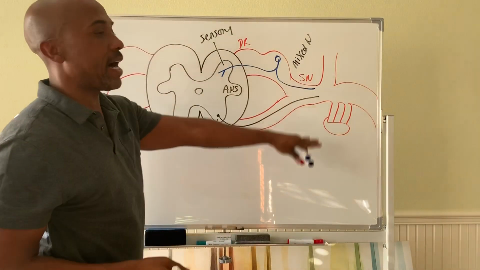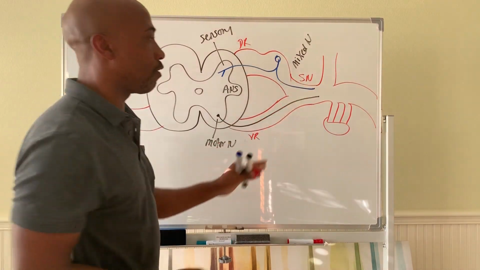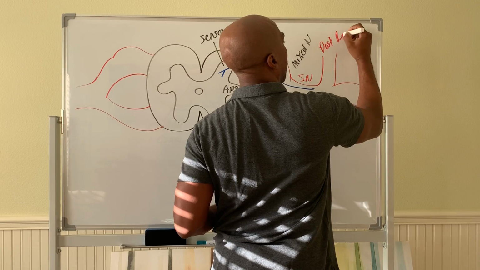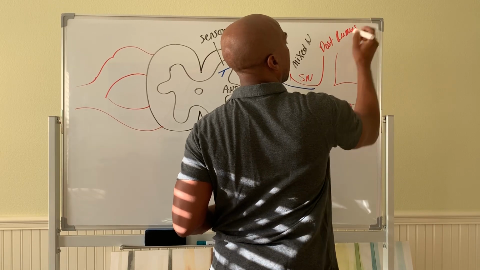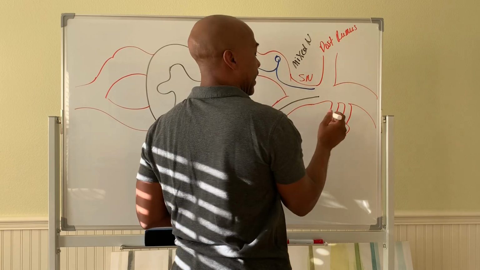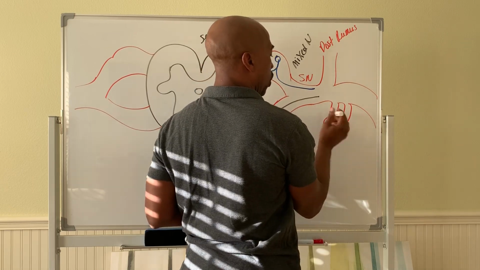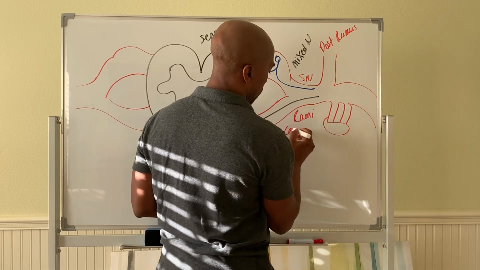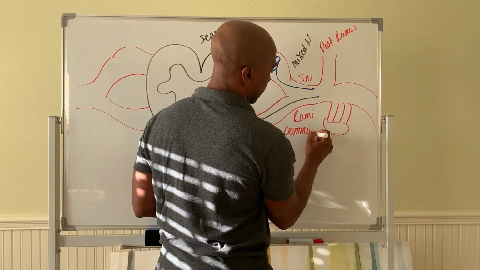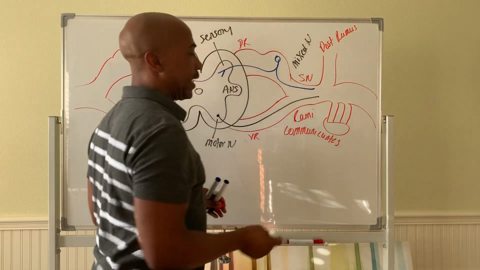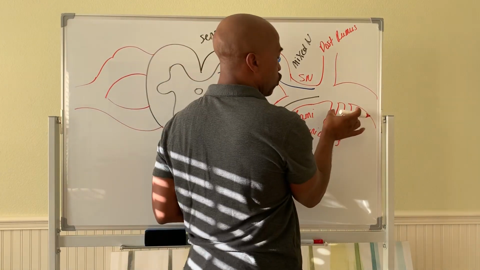So there are 3 rami after you pass the spinal nerve. This one is called your posterior ramus. It carries axons usually to your skin. These 2 here are called the rami communicantes. In particular, we can call these 2 rami different things.